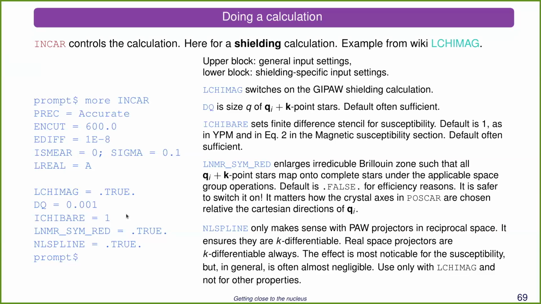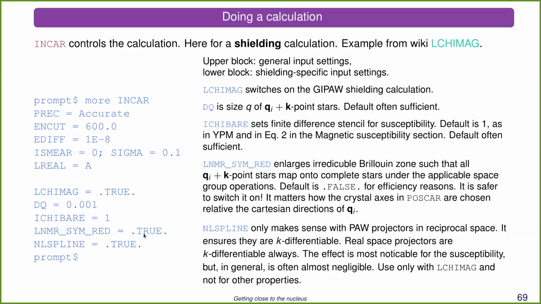Then there is IGBR. That has to do with the susceptibility. It's how well you do the second derivative in the susceptibility, which also has to do with the stars. The default is very often more than enough, so typically you don't need to touch this in the general case.